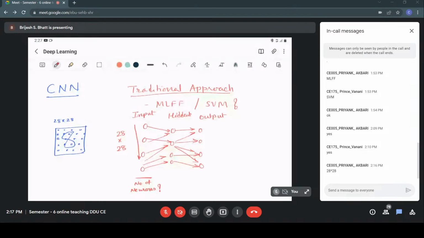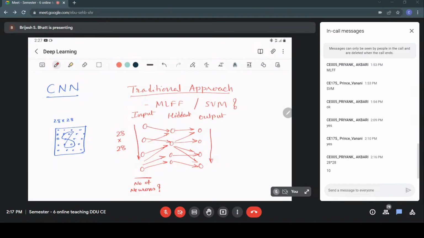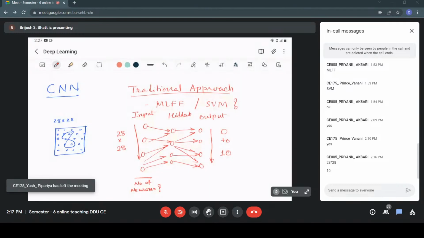And how many neurons do you require for the output layer? Yes, Priyank says 10, 0 to 10. Since you want to predict 0 to 10, put 10 bulbs there, and for any digit, one bulb will go on to detect that particular digit.